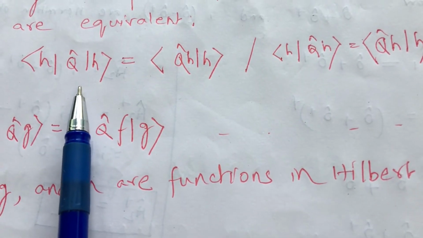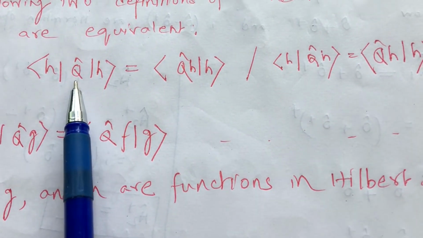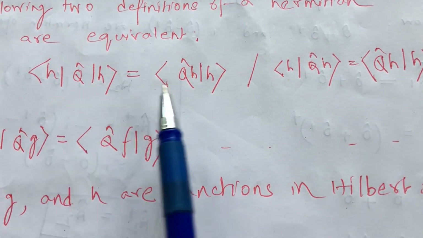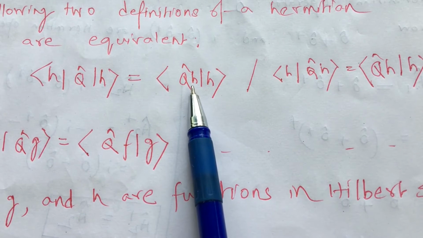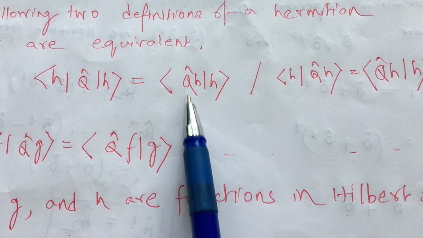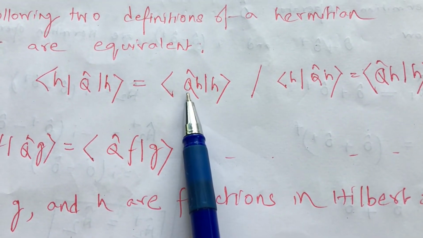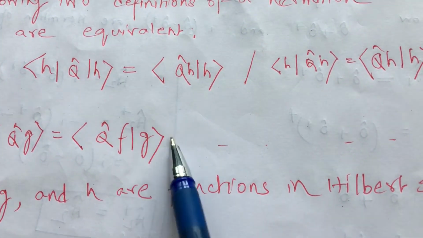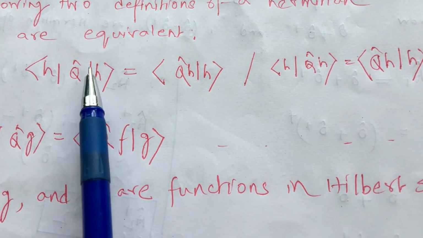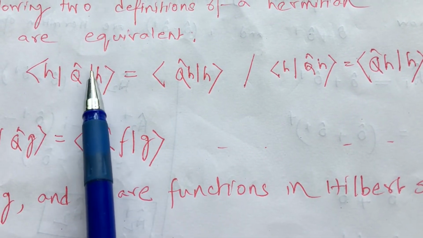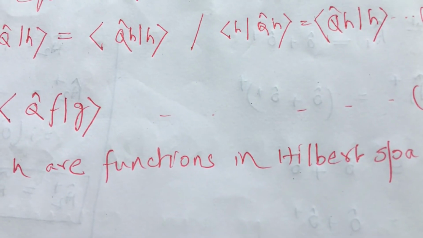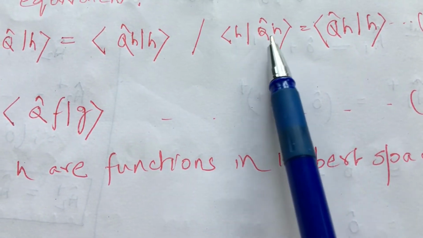Equation number 1 is this: Q is an operator sandwiched between bra h and ket h, and this is equal to this. So if Q is a Hermitian operator, we could write like this. Instead of writing this with the vertical sign, I can also write it like this, bra h and then directly Qh.